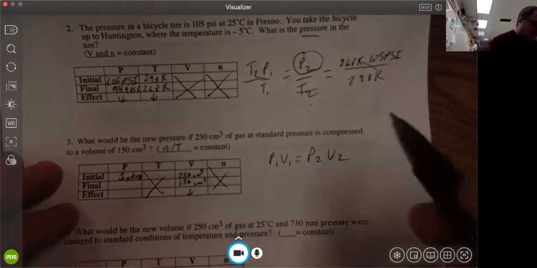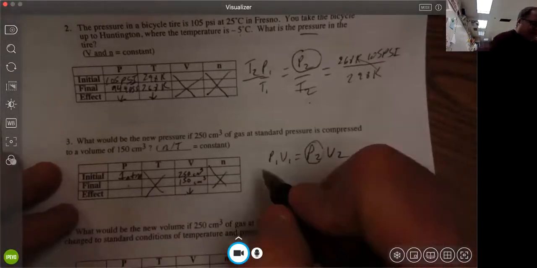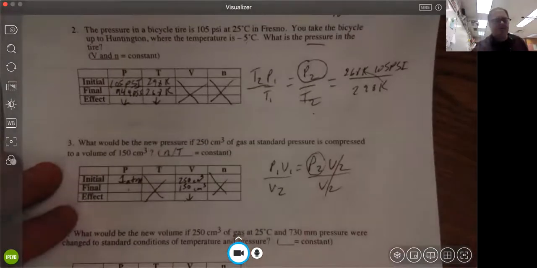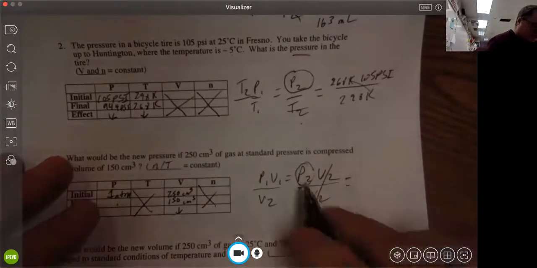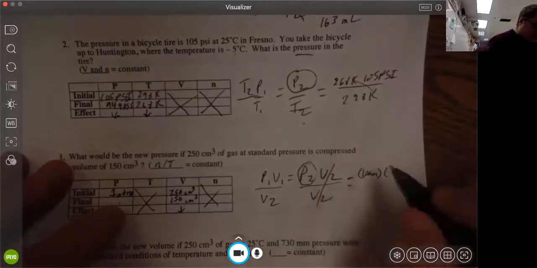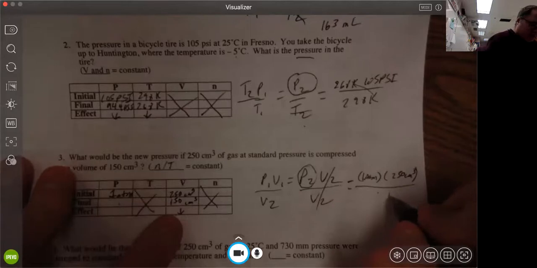Pretty easy. So if we want to solve for pressure 2, we need to divide both sides by volume 2. It cancels out right there. So pressure 2 equals 1 atmosphere times 250 centimeters cubed divided by 150 centimeters cubed.